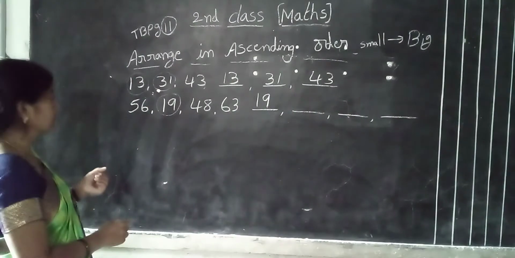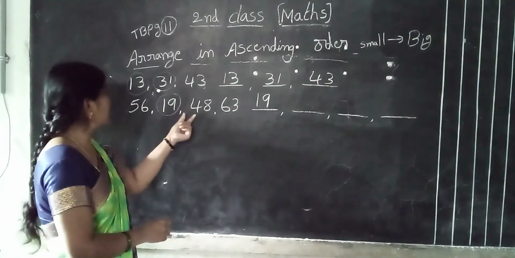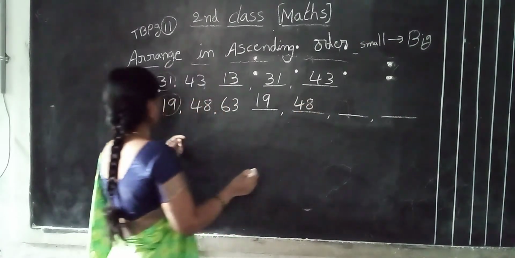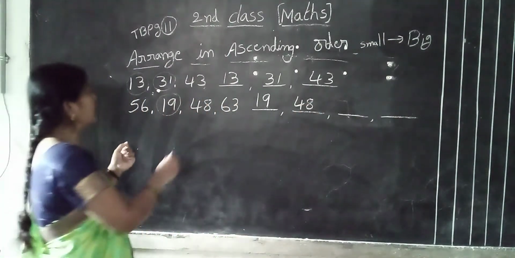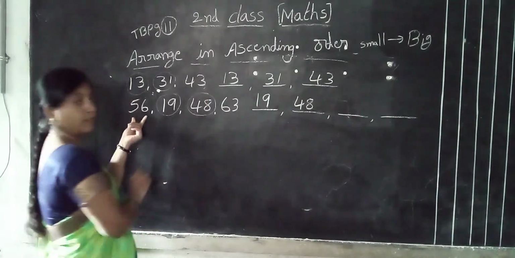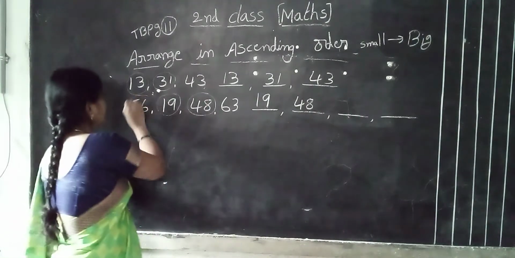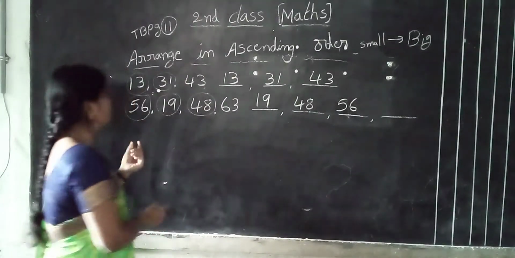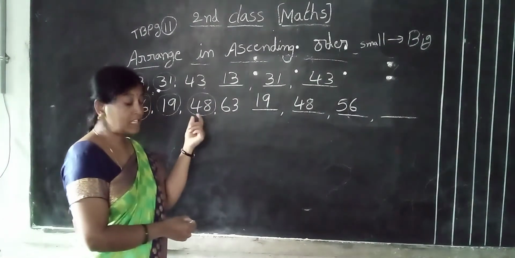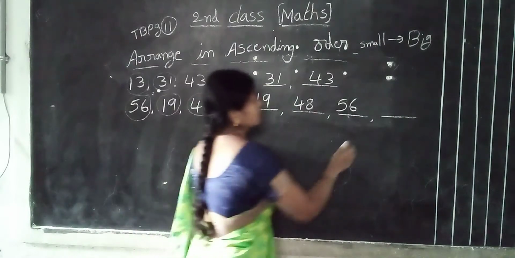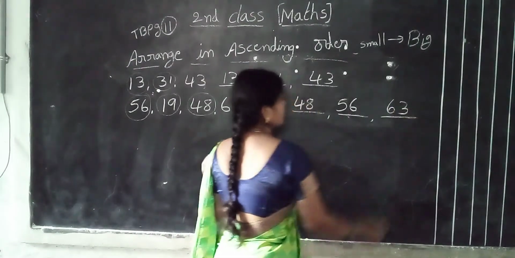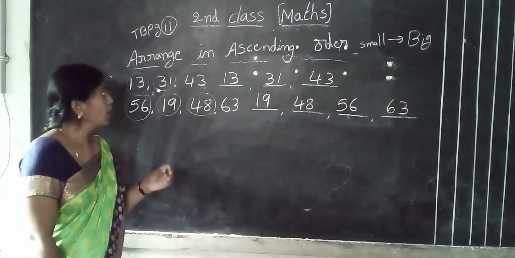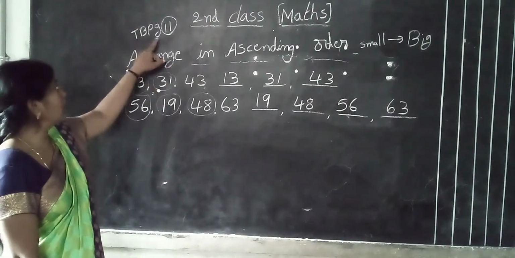Next smallest number is 48. So next smallest number is 56. So next smallest number is 63. Note down in your maths CW or in your textbook page number 11.